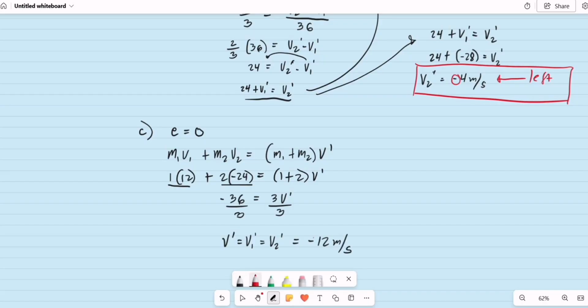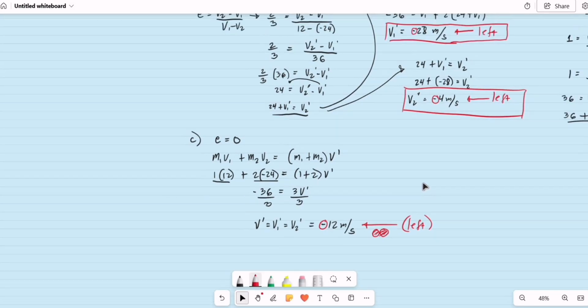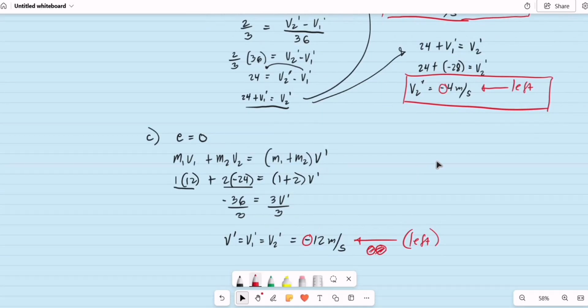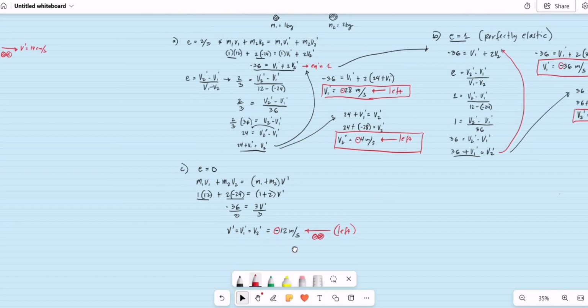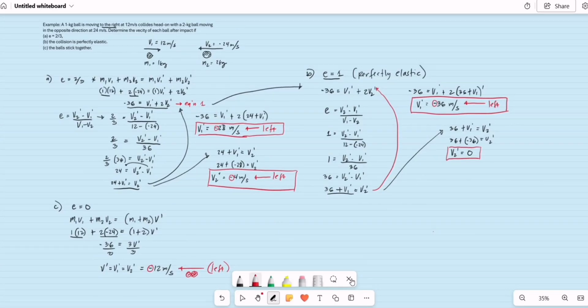We arrive at a negative sign, which means both objects are now moving to the left. They stick together and move to the left at a rate of 12 meters per second. So this will be our solution for the second example.